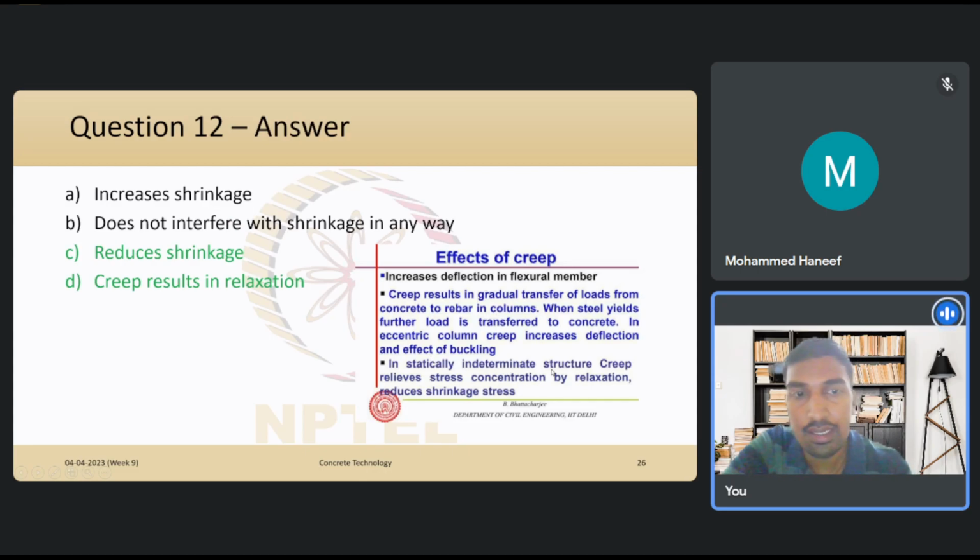In a statically indeterminate structure, because of the restraint or the fixed supports, there will be some restraint to the shrinkage, right? There will be some restraint to the deformation that you will see, and because of that shrinkage will also reduce, and there will also be the relaxation effect, right? Because the deformation is resisted, both the shrinkage as well as the creep will reduce. So the right options are C and D.